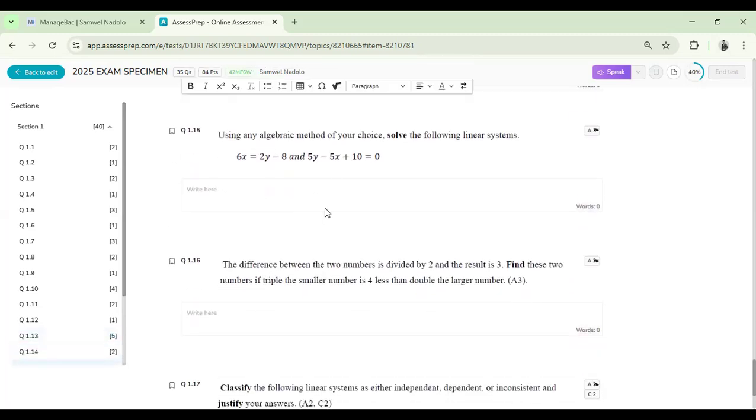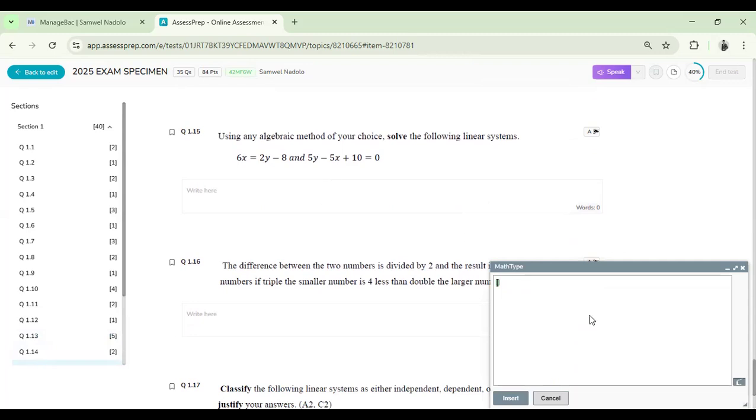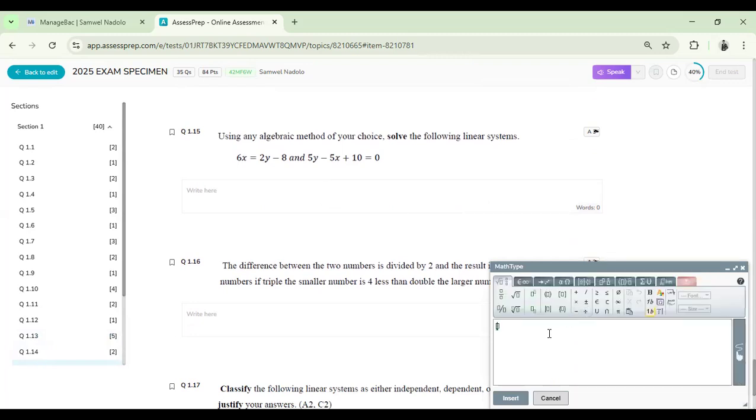A1, C1. Use any algebraic method of your choice. Solve the following linear systems. I'm seeing these two linear systems. We said you can use any method. If they have placed GeoGebra here, you can use GeoGebra, but then they have said algebraic, so you have to really type or use algebra.